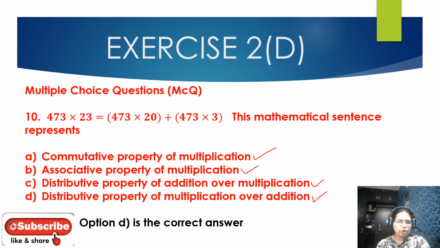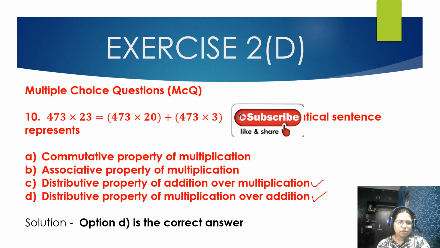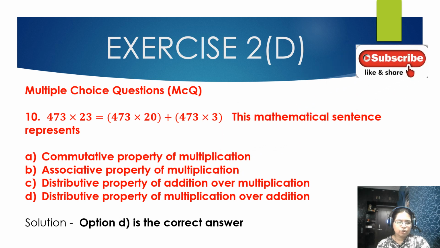We know 473 multiplied by 23 is equal to 473 multiplied by (20 plus 3), because we can write 23 as 20 plus 3.